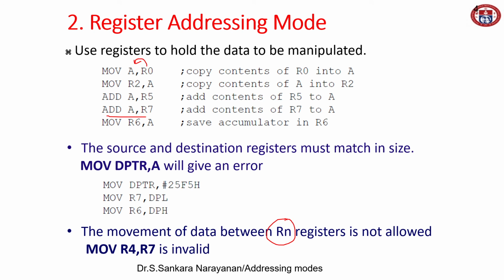So MOV R4, R7 is actually invalid. We can only move data between the accumulator and a general purpose register.